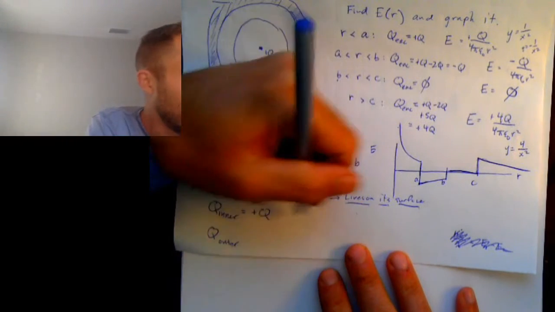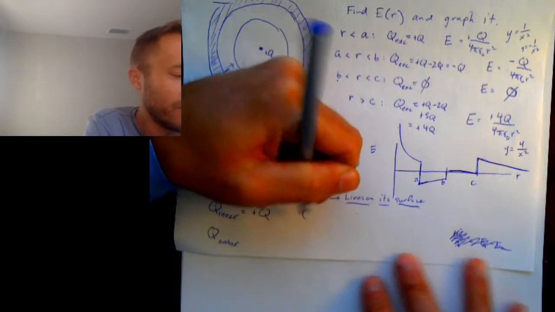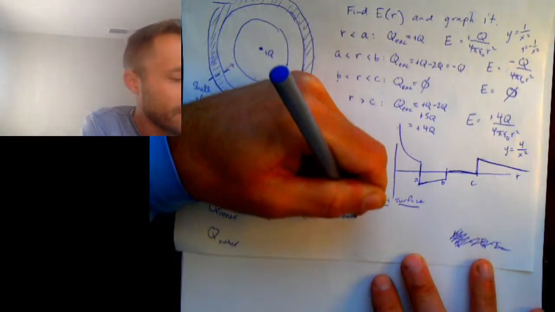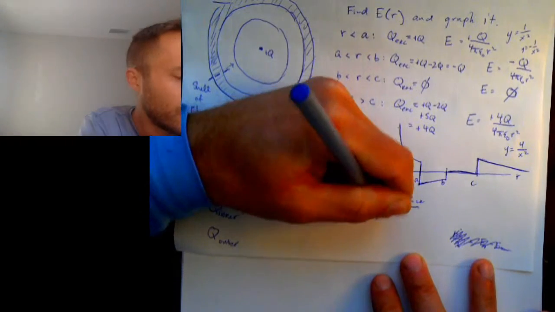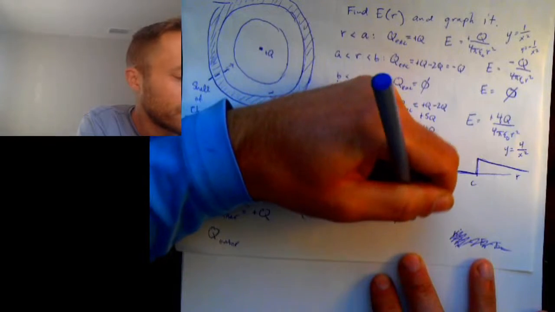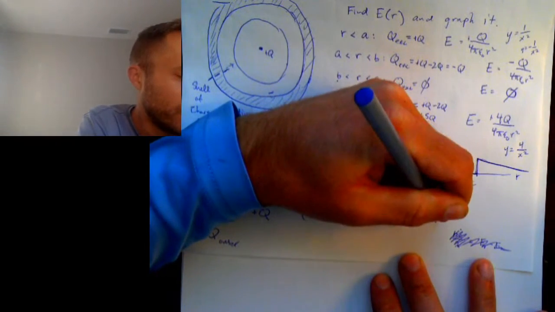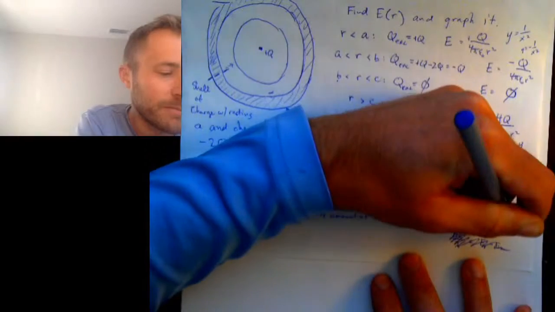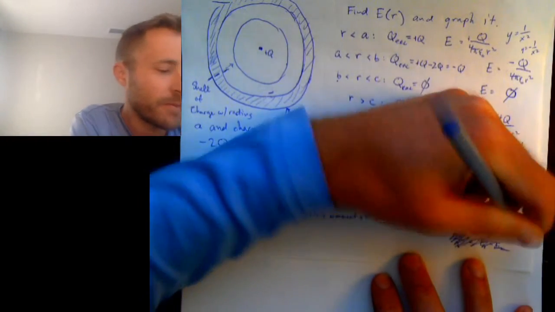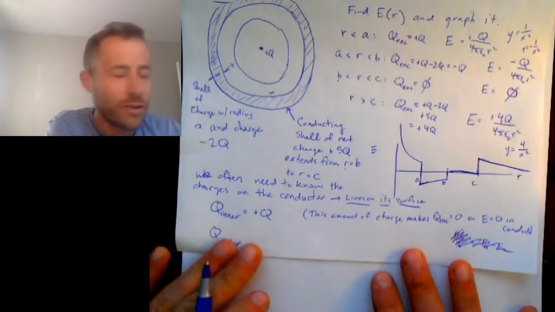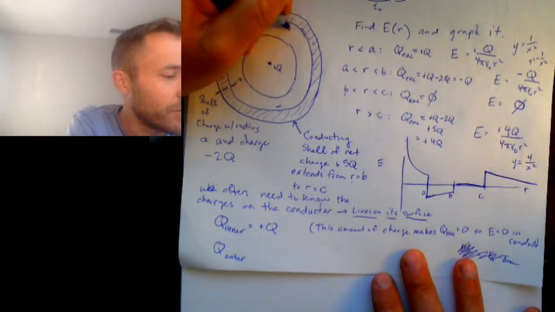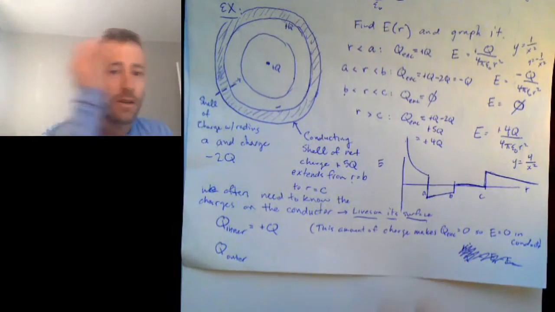Okay. So the reason for that is that this amount of charge makes Q enclosed equal 0, so that the electric field is equal to 0 in the conductor. So the interior surface of this conductor is going to have a charge plus Q. All right.